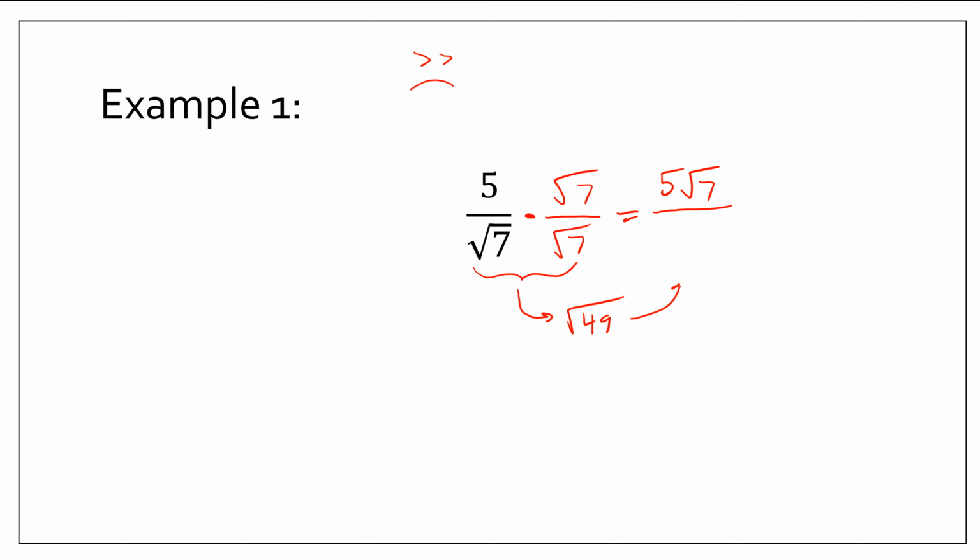But what's the square root of 49? Oh, it's 7. Wow, so I got rid of the square root. So this kind of seems like nonsense because this answer actually looks more complicated than the original problem. But I rationalized the denominator. So mission accomplished.